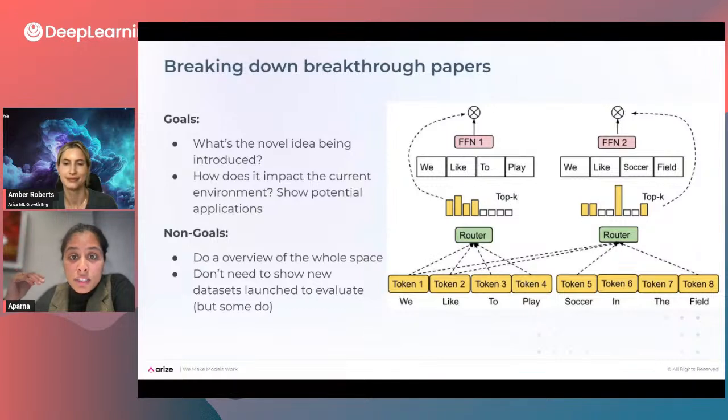They're not going to give you the full explained version of what it is. It also might not give you all the details on the exact tests that they ran. We're seeing that as a trend lately. They don't talk about the data. We'll go through that in the Mixtral paper. But it really is the what and the why does it matter that try to come through in these papers.